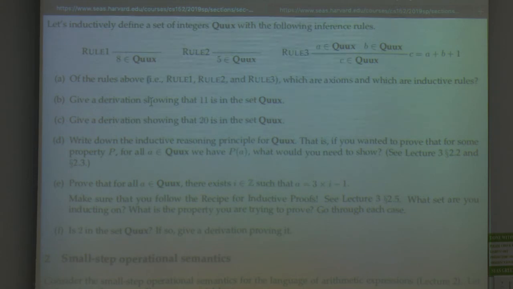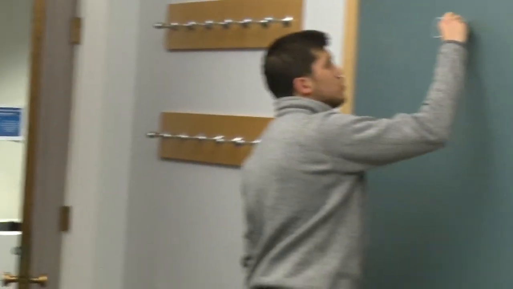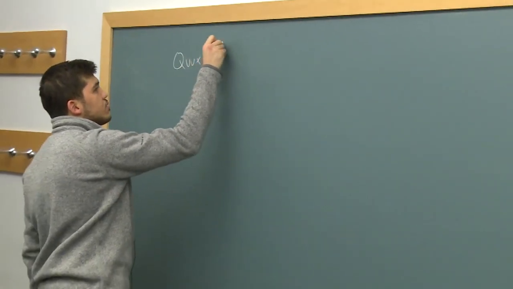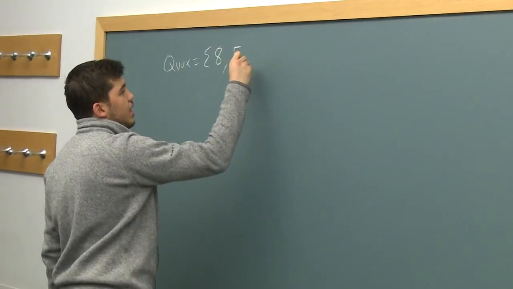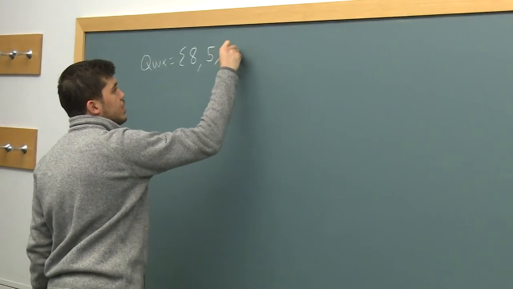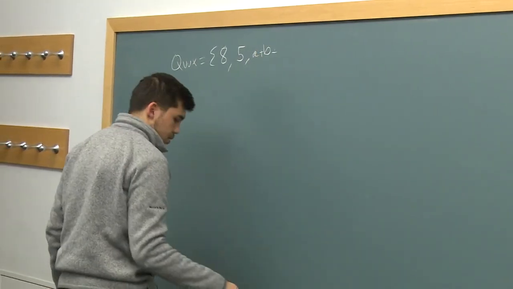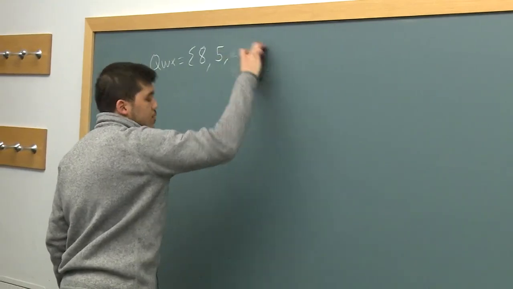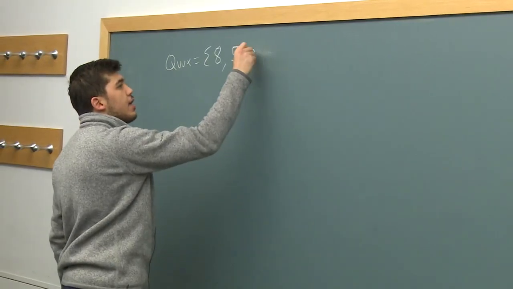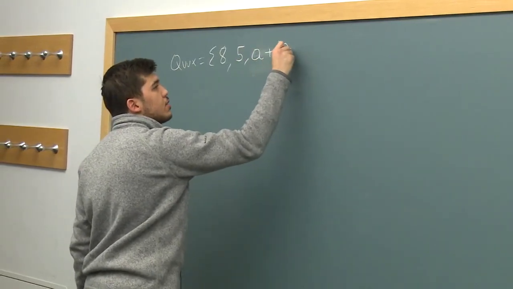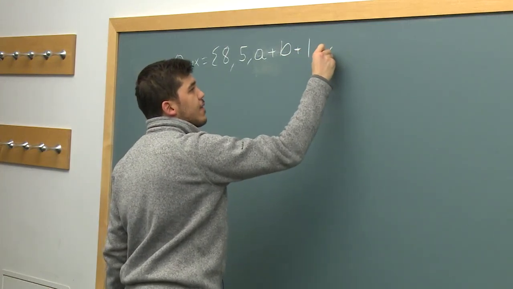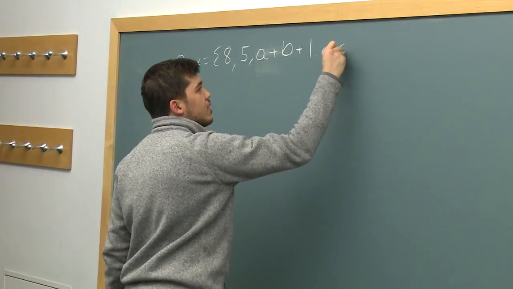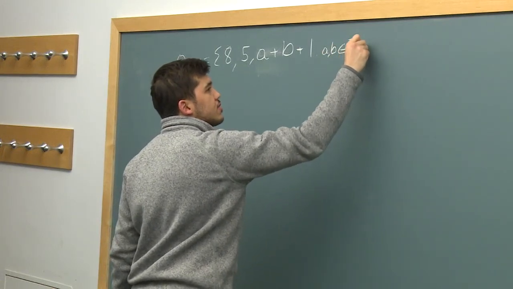So if we were to just write this again, QX is equal to 8, 5, and A plus B plus 1, where A and B are members of the set QX.